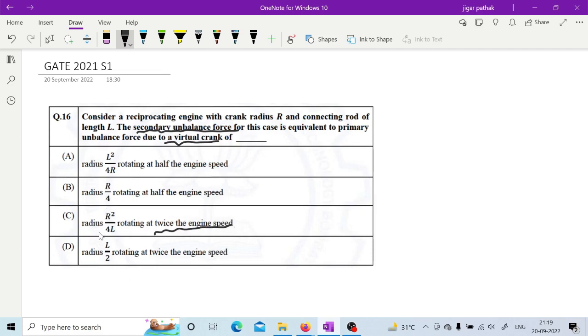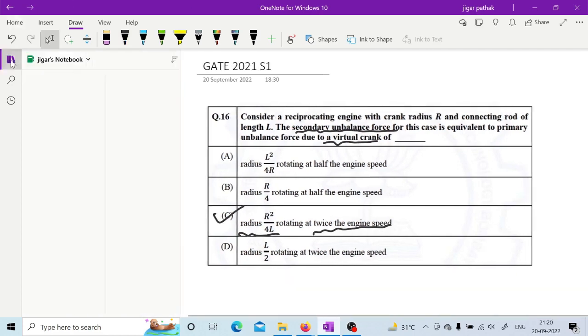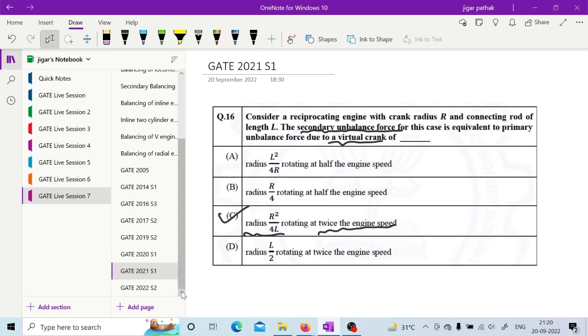Yes, sir, r square by 4l, twice the engine speed. Sir, as it is getting r square by 4l, is it calculated like the hypotenuse of the crank, imagined as a hypotenuse of the crank or like that?